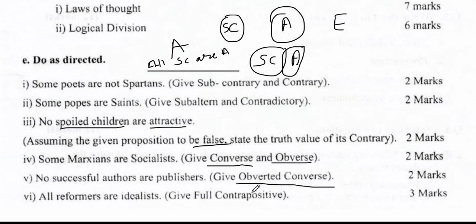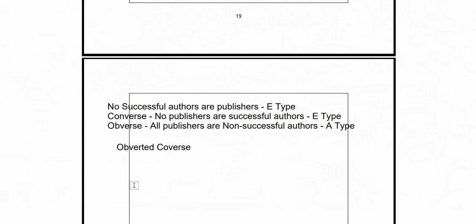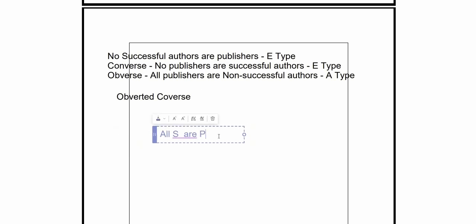Now we'll go into contrapositive. So we completed converse, obverse, obverted converse. All three we have covered. Now, let's practice. We started with E type, let's start with the A type. So let's say all S are P. We'll start with the A type and with the logical form. This is the A type.